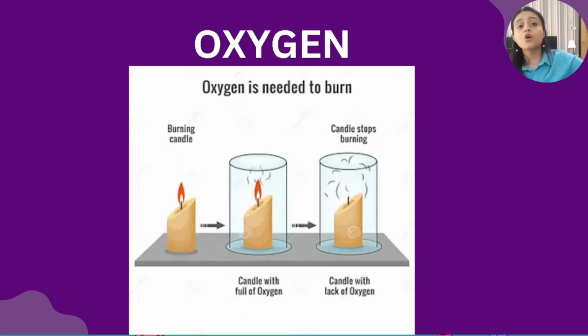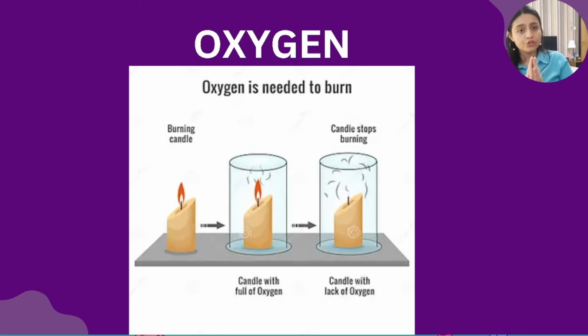So first is oxygen. My dear students, oxygen is the important gas which we all breathe. We all take in oxygen. And we all know from where this oxygen is coming? Yes, from plants. We will study the details later on.